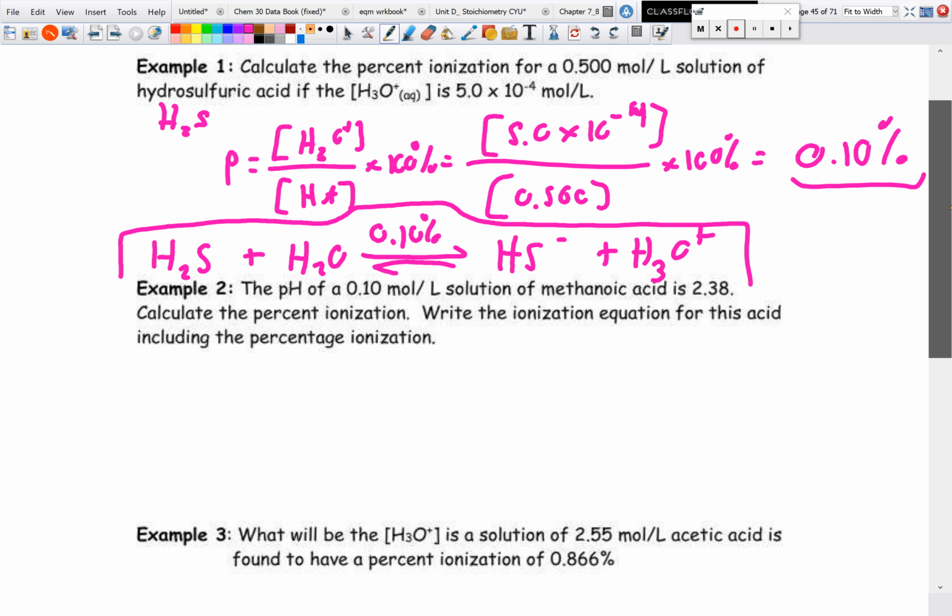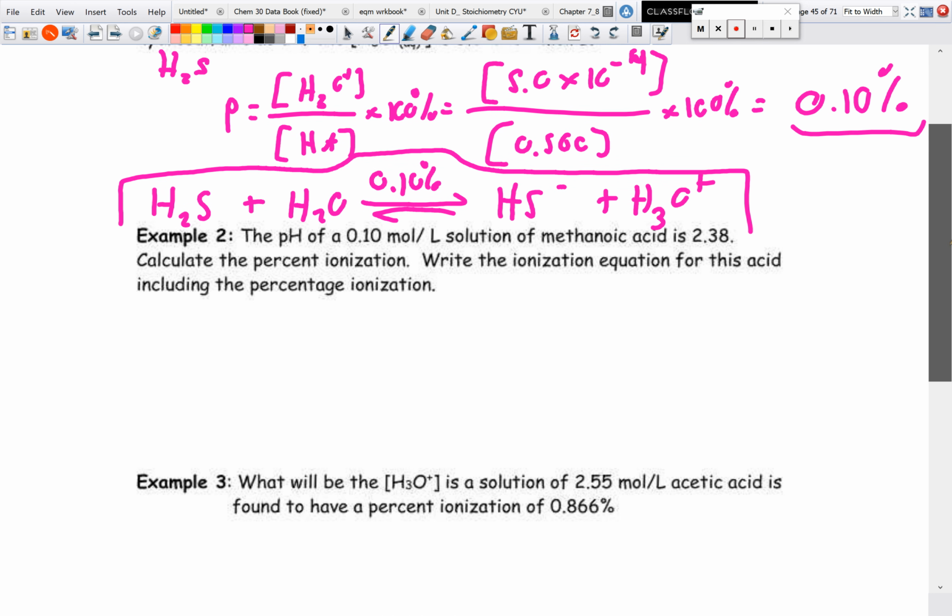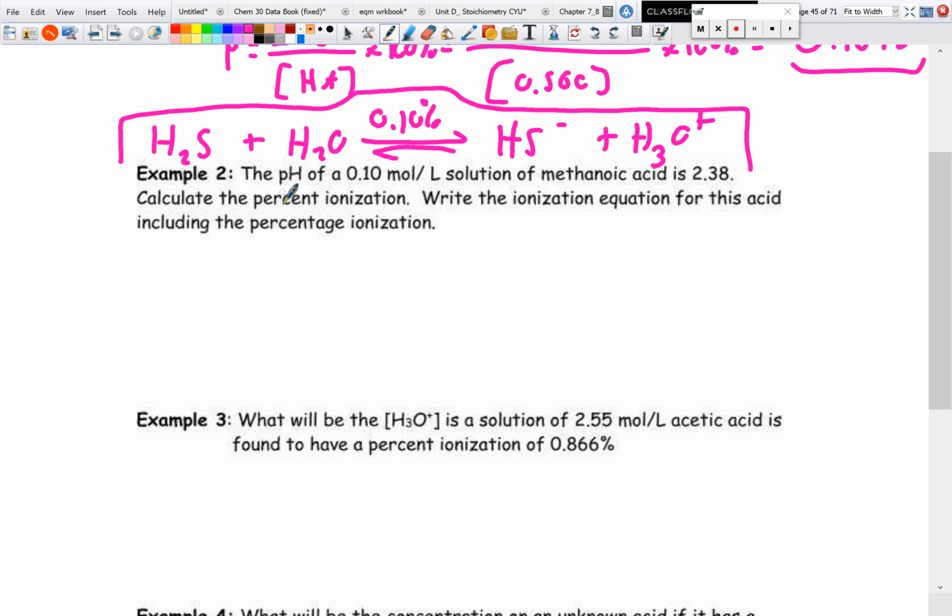Now, example 2 is more of a typical question that you can see because the concentration of hydronium is hidden within the pH. All right, so our first step is, of course, we need to find the concentration of hydronium, and we have pH, and of course we have the concentration of our acid.